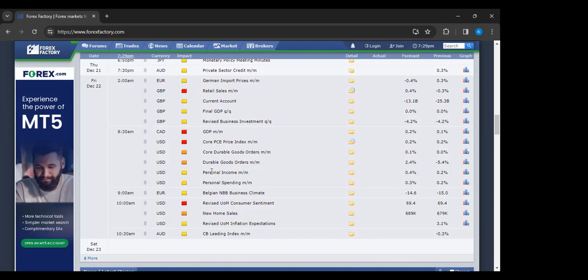These are important. I know I haven't talked about it in a while, but durable good orders are important because these are items that are supposed to last a long time. And so whenever you have an economy where you're trying to dry up money, people tend to hold on to these items a lot longer, because durable good orders, or these items that fall into that category, tend to be more expensive.